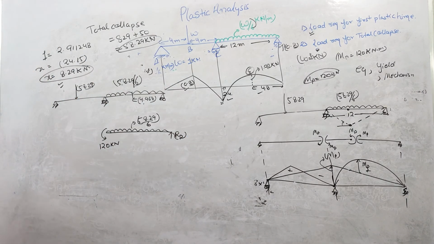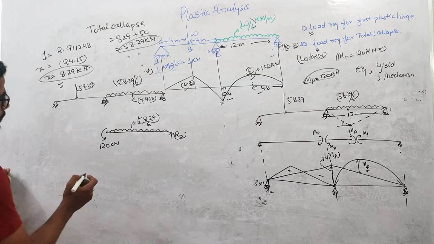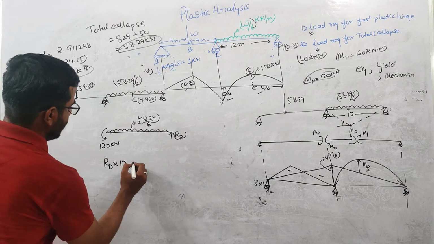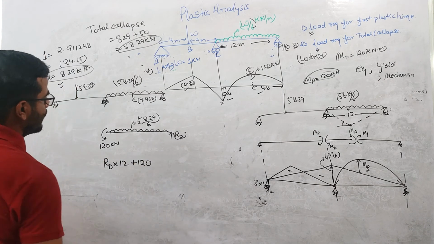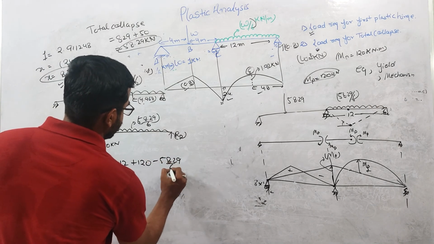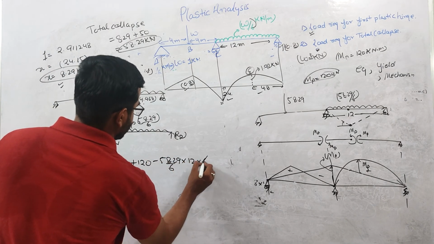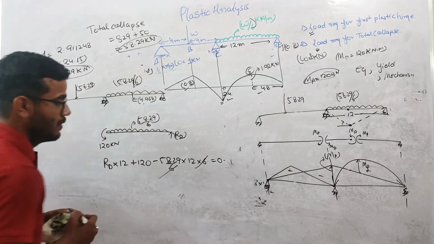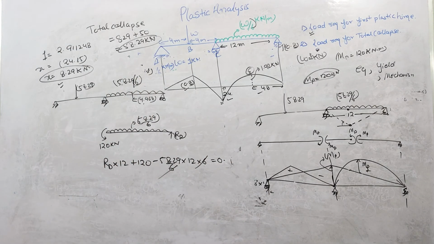If you find this RD value, RD into 12 plus 120 minus 58.29 by 6 into 12 into 6 will be 0, for summation M equals 0.